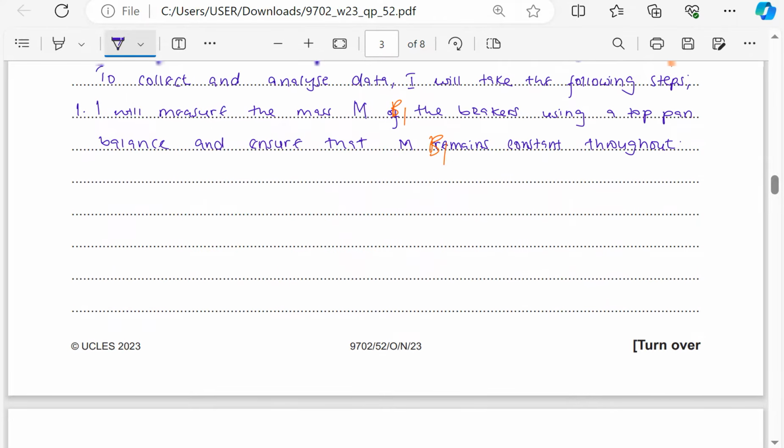So it's always good to write as much as you can so that the examiner will look for at least 15 marking points. So your task should be just to write as much as you can, write the details of your experiment.